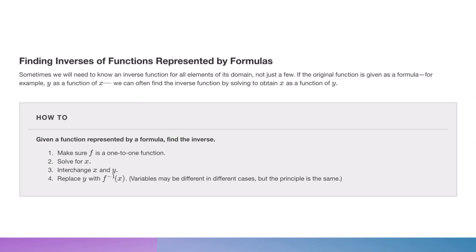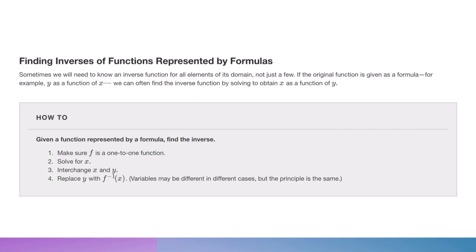Once you determine that the function is one-to-one, you write the function, replace f of x with y, and then switch the places of x and y. Wherever there's a y, we write x. Wherever there's an x, we write y. Then we solve for y, and that new function is our inverse function.